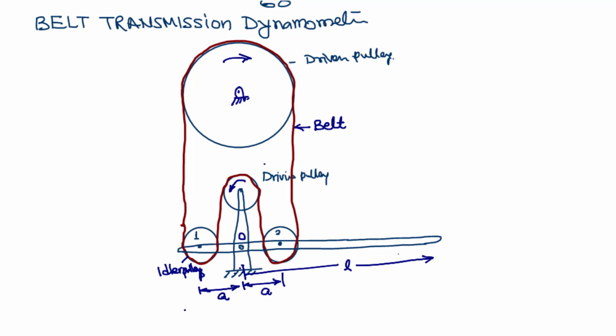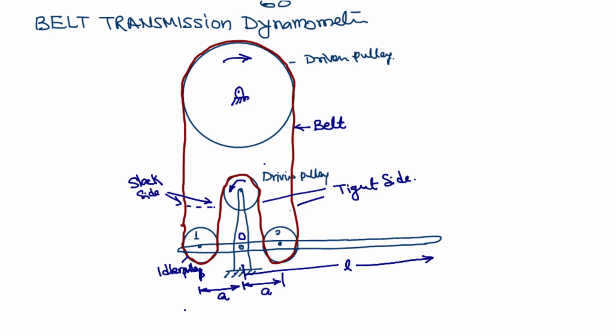When the driven pulley rotates in the anti-clockwise direction, then this side is the tight side of the belt, and on this side is the slack side of the belt.